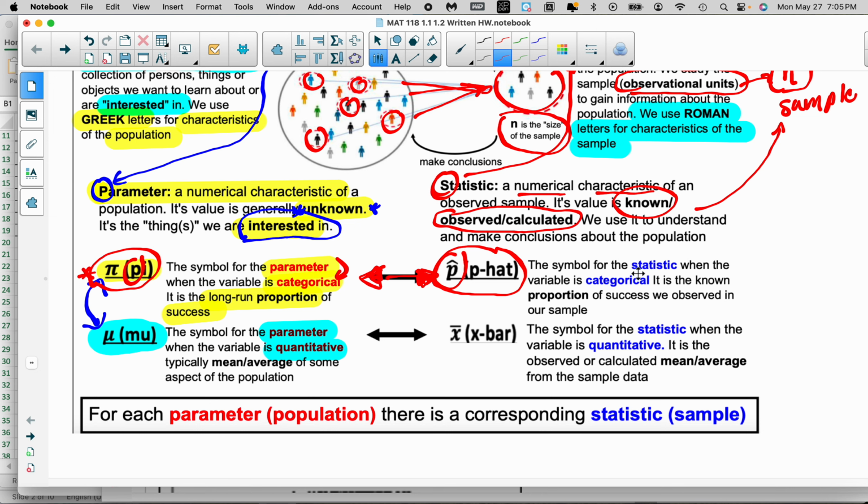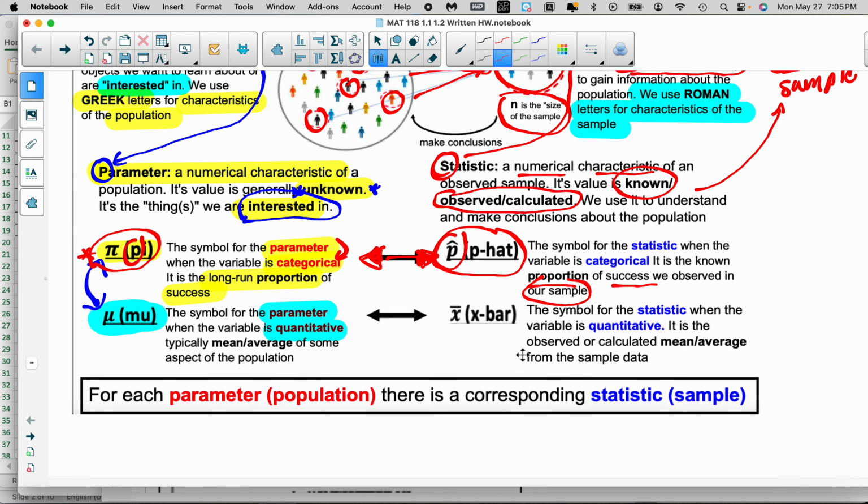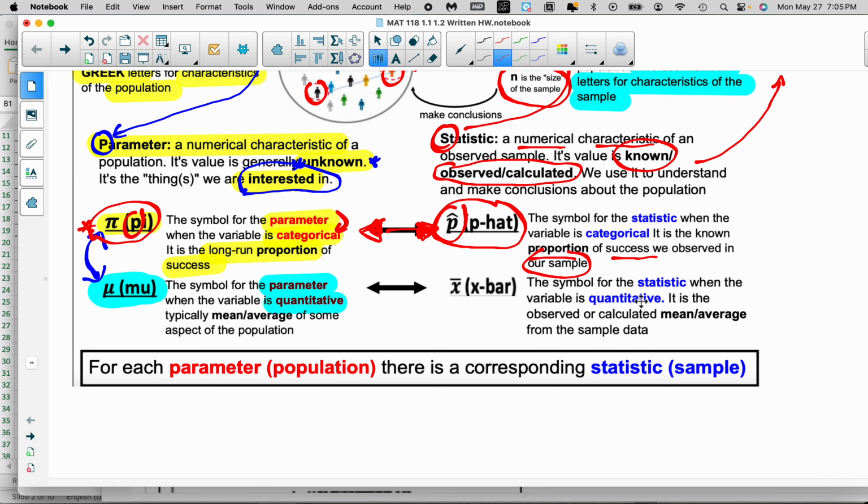So the symbol for the statistic when we're talking about categorical data is p hat. That represents the proportion of success from our sample. When we're talking about quantitative data, if we're interested in quantitative data in our population, when we take our sample, we're going to observe that quantitative characteristic in our sample.